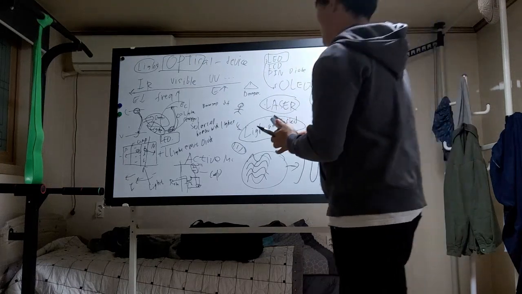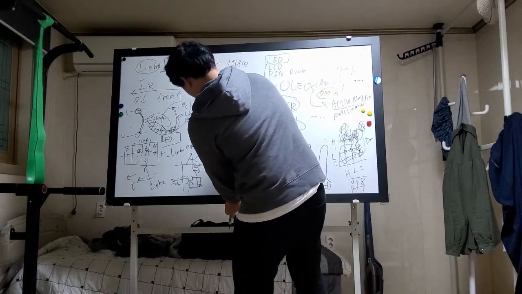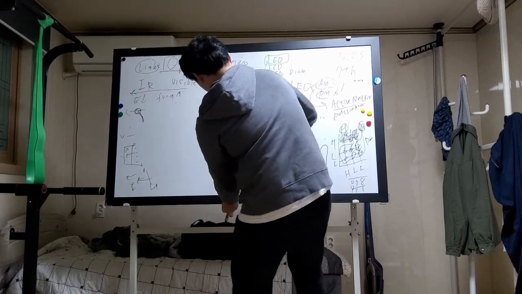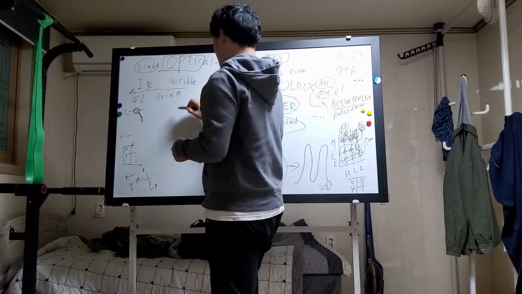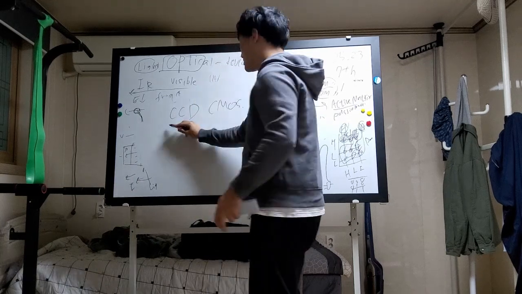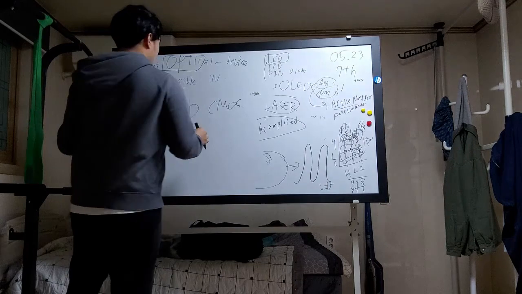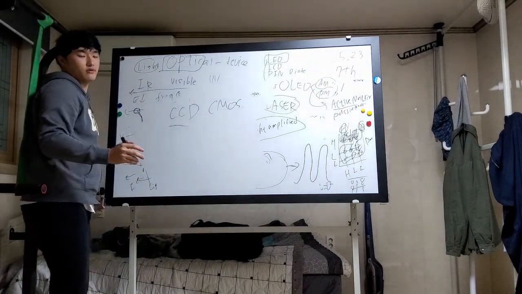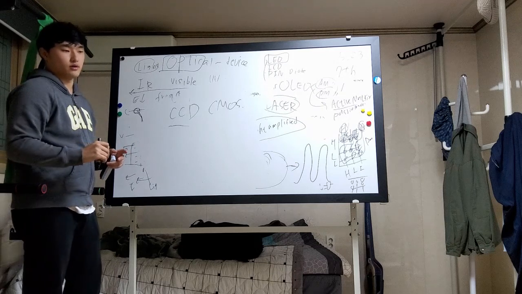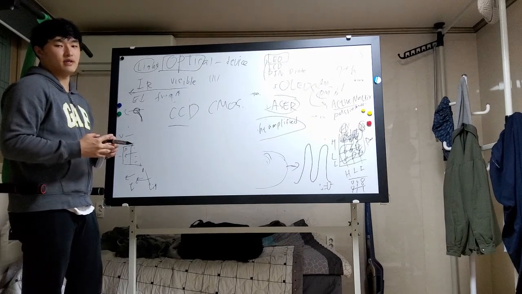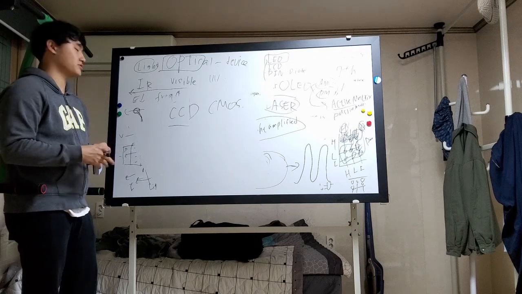Okay, so for the last three: CCD and CMOS. These two kinds of devices are used now in cameras and mobile devices that we use as a cam, and even recorders or camcorders.